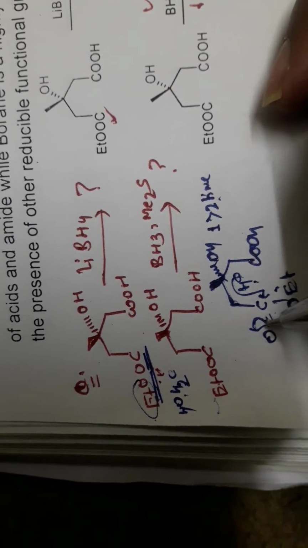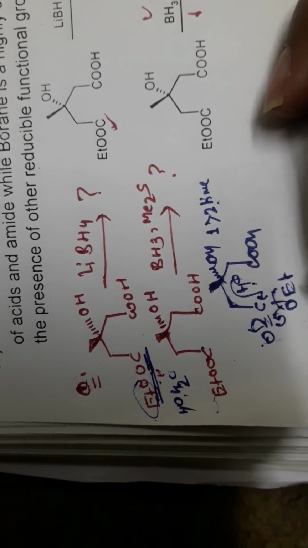First, second and second time. Two hydrides will be added, and this will convert into CH2H. So further minus charge will be generated, which is further shifted here, and this OEt will be released out in the reaction medium.